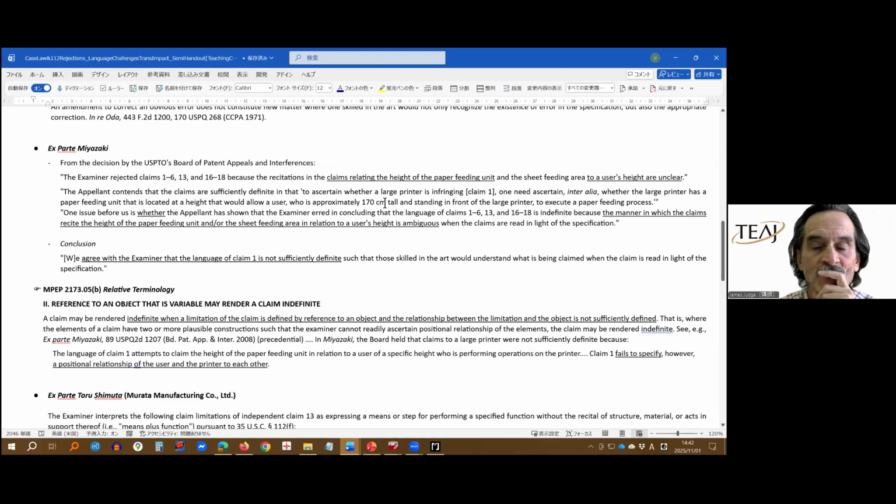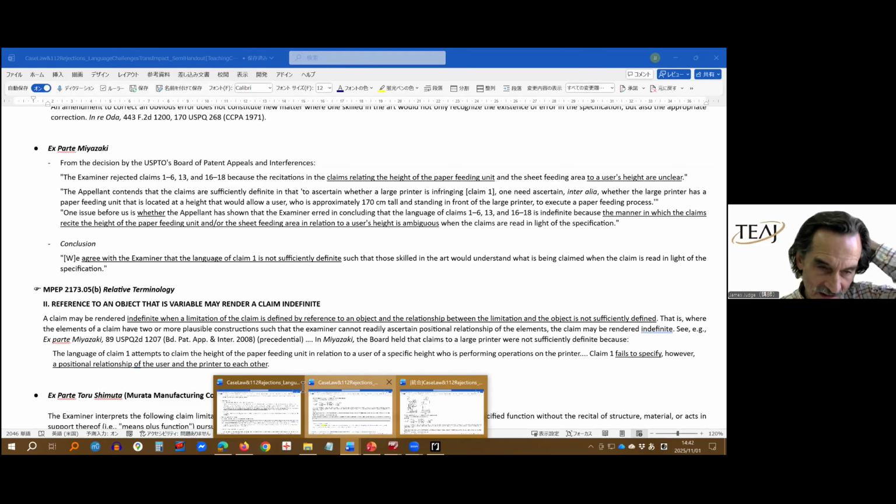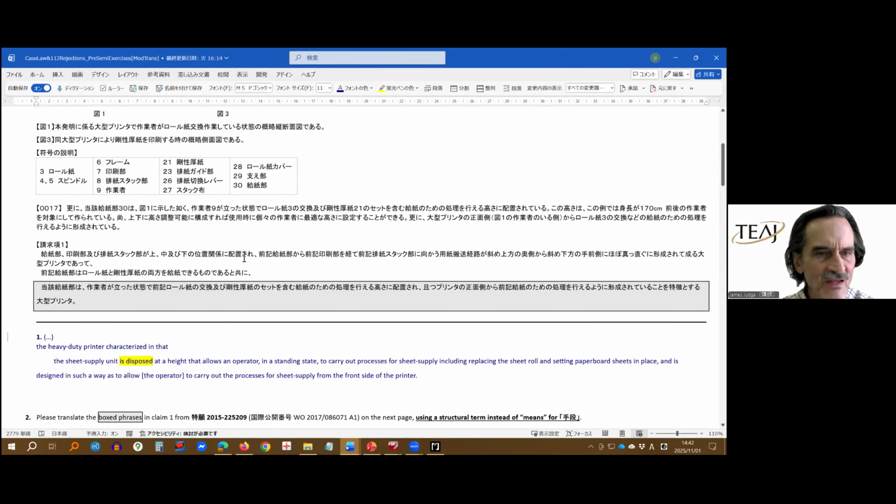I won't go into all of the details of what the attorneys tried to do to fix this case, but one thing they did was they added a limitation from the application. Well, let's look at the problem now, since we did it as homework. So here's claim 1. The problem is in claim 1.